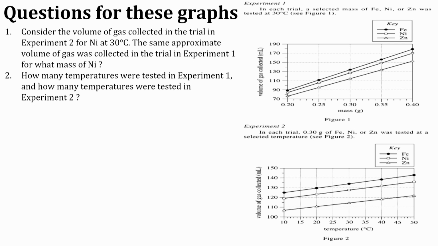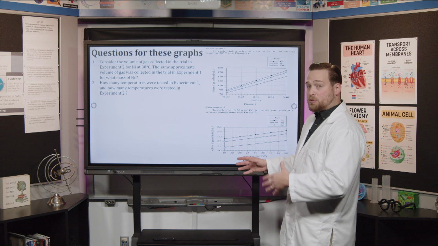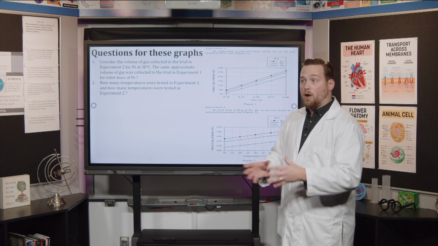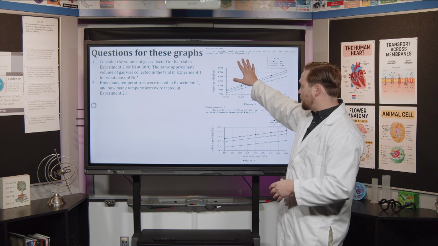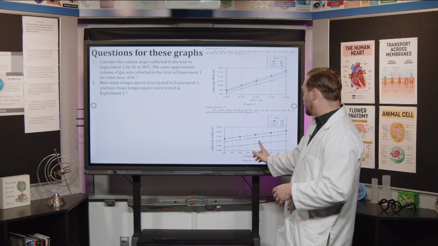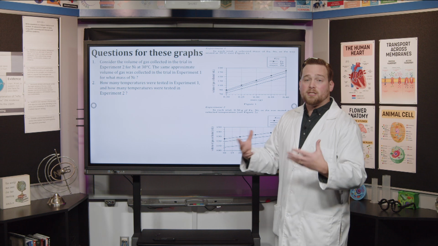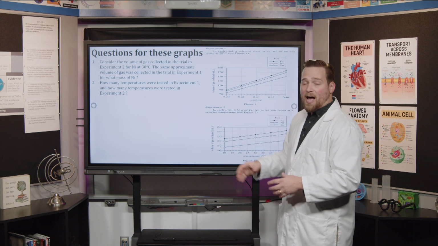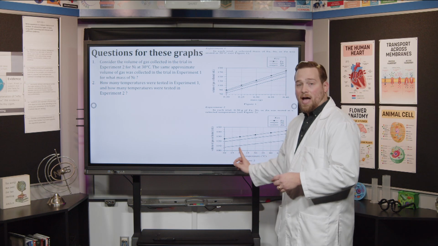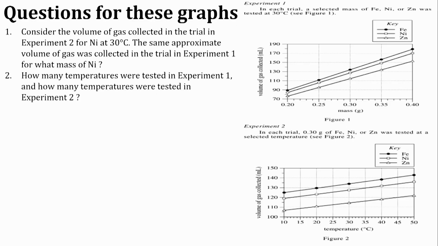If there were points plotted at different temperatures, there would be a different amount tested here. But we're getting one temperature tested from up here, and then 2, 3, 4, 5, and 6. So 6 temperatures were tested in all, 1 from the first one, and then 5 from the bottom one. And again, I'm just counting where those points are being plotted on Figure 2.